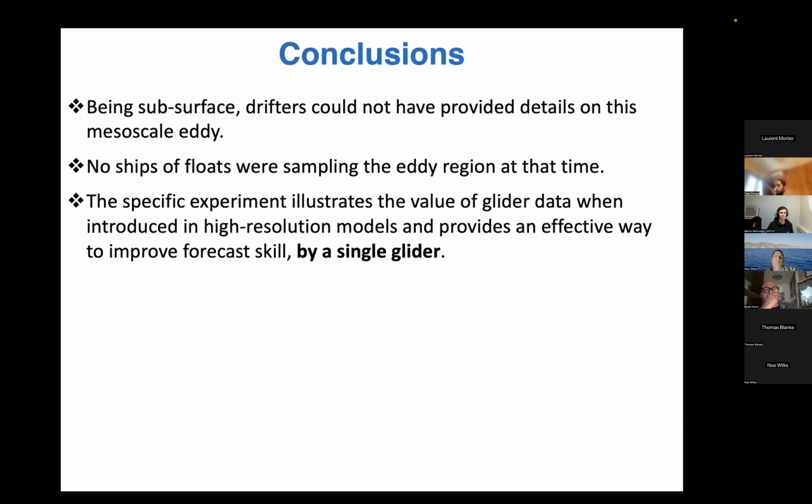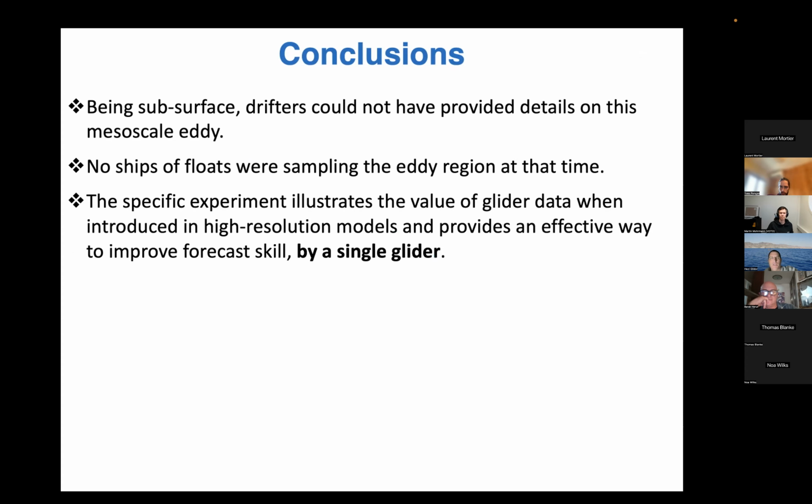And this specific experiment actually illustrates the value of this glider data when you introduce them into a high-resolution operational model. And you can see a very effective improvement of the model skill by using a single glider.